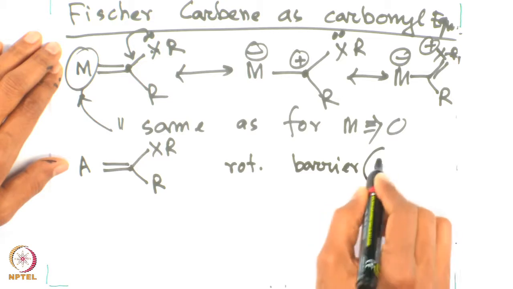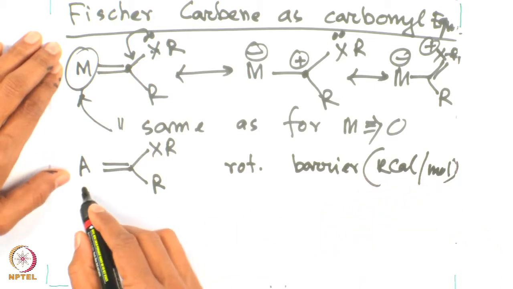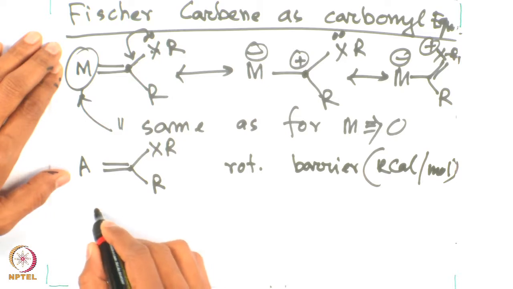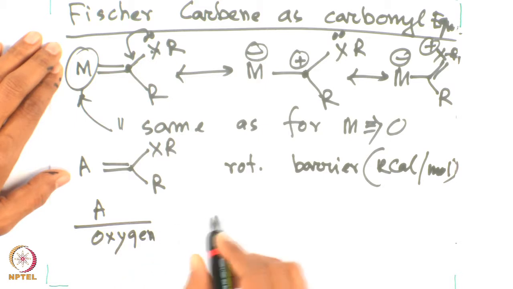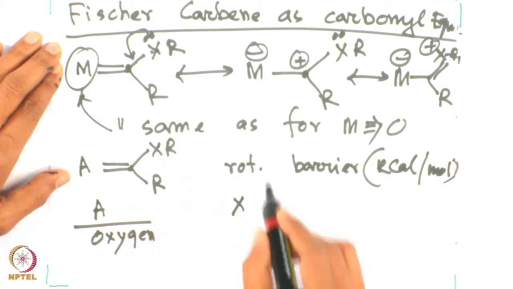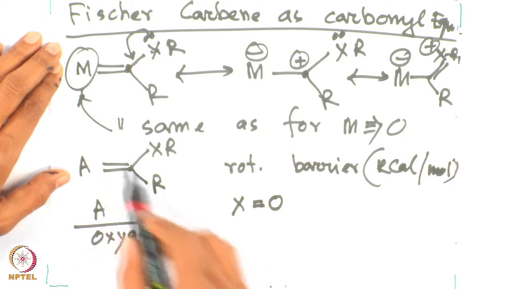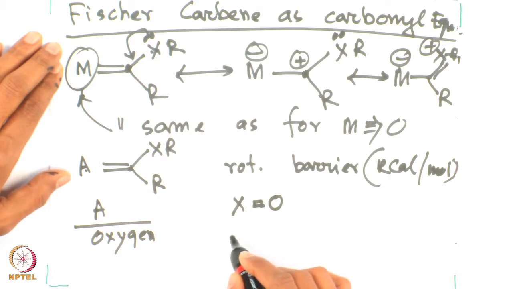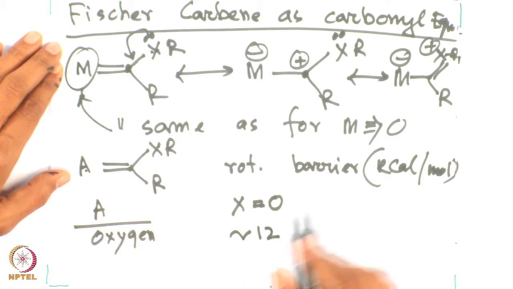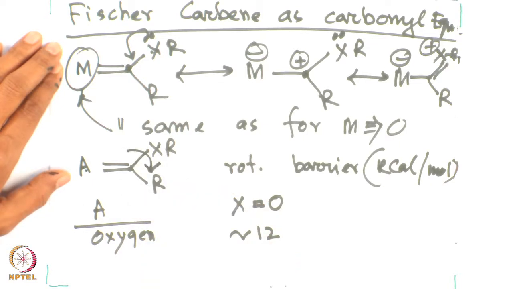The unit we are following is kcal per mole. If you have A as oxygen, and then X equals O, that means it is an ester we are talking about, RCOOR. The rotational barrier is nearly 12 kcal per mole for this rotation we are talking.